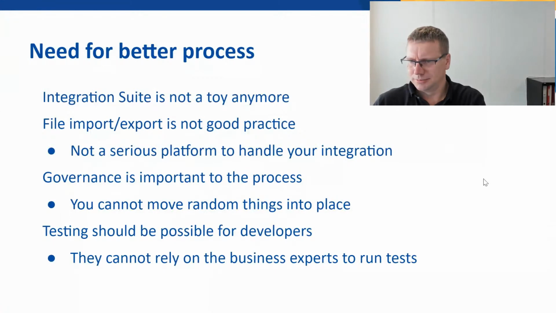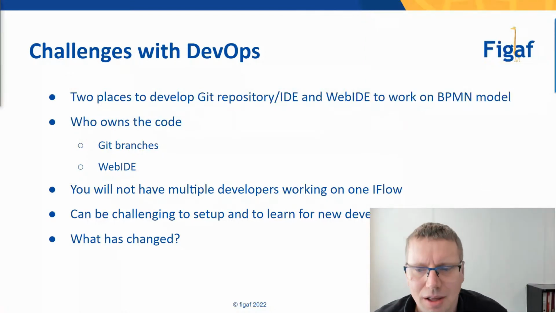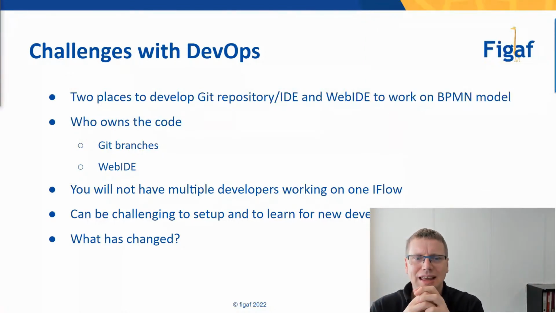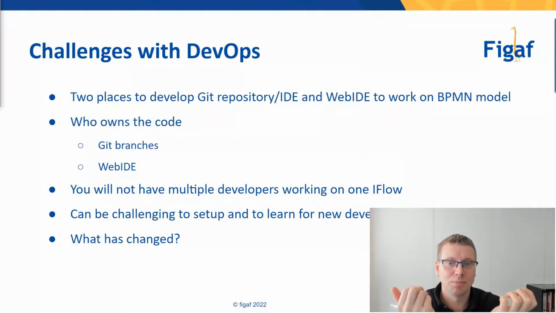Hi, Bernard. So some of the challenges with DevOps, and I will move myself down here again, is, if we talk about it in the normal sense, then you have two places where you're maintaining the development artifacts.